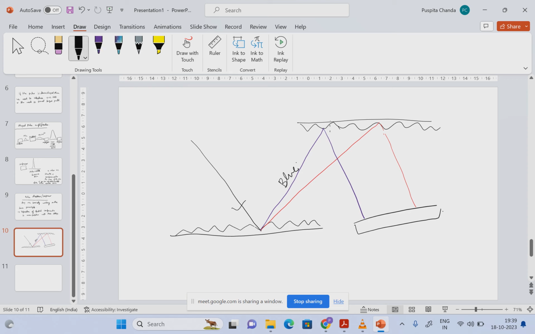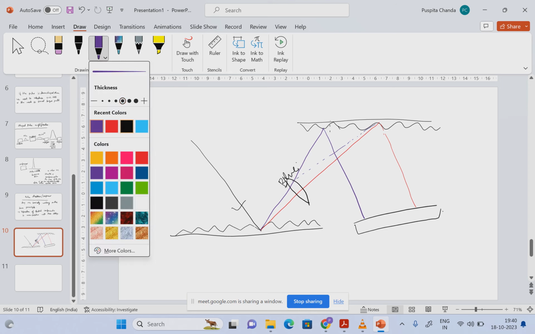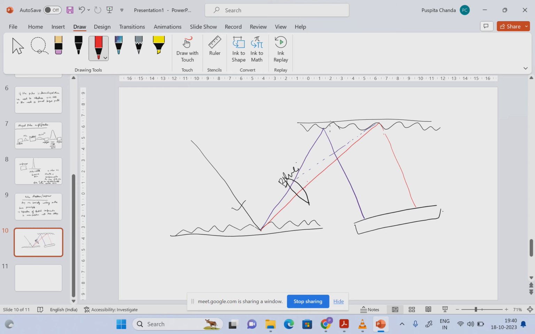But if you put a lens here, you can make blue go there and red go there.